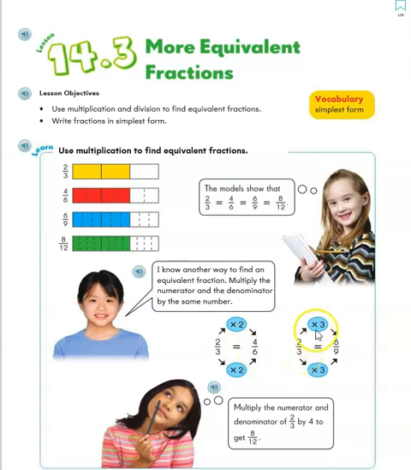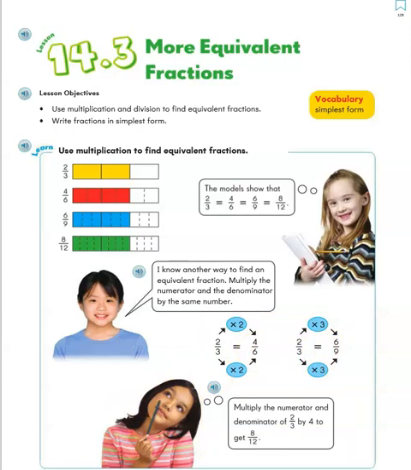This time we're multiplying by 3. So 2 times 3 is 6, and 3 times 3 is 9. So we just found out that 2/3 is also equivalent to 6/9. So that means 2/3 is equivalent to 4/6, which is also equivalent to 6/9.